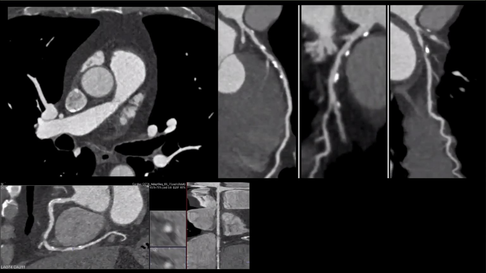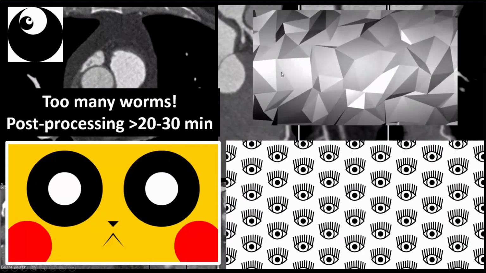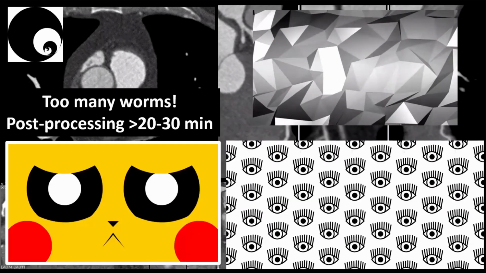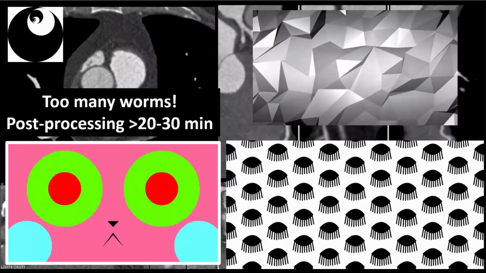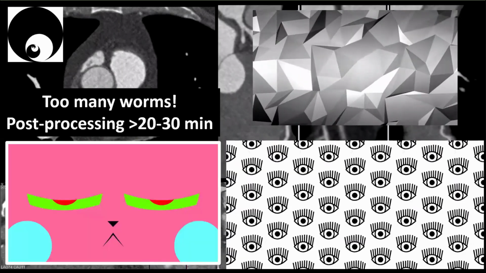And that's all very good and well when you have one plaque in a coronary CT, but the reality is our patients have many plaques. So we'll have to go through that same process of manipulation and clicking for each of these plaques to assess them in detail. So if you have 10 or 20 patients on a reading list, you can see how a human is going to struggle to get through all of those images. And at the end of it, your eyes are boggled and you don't know what's what.